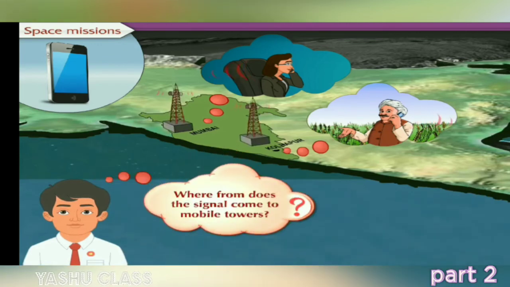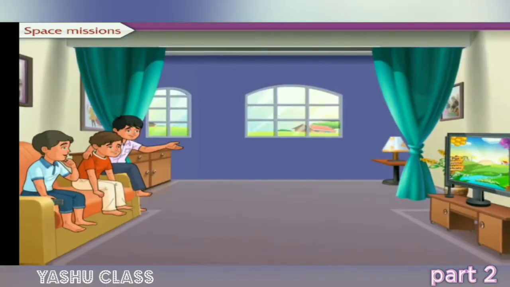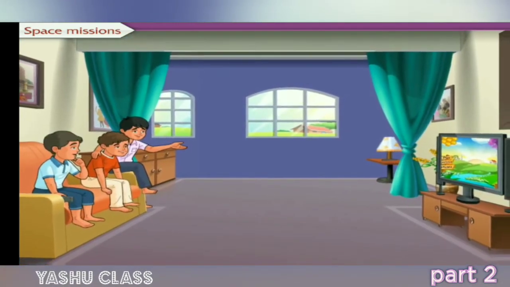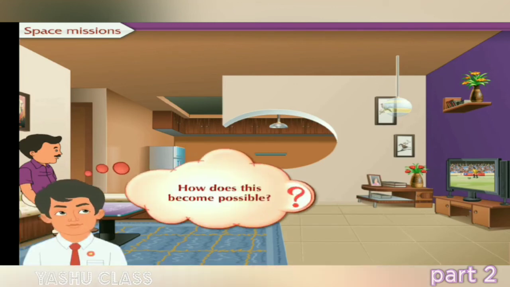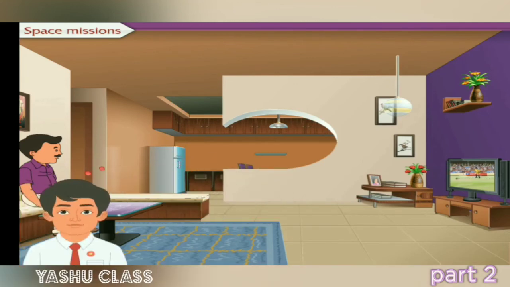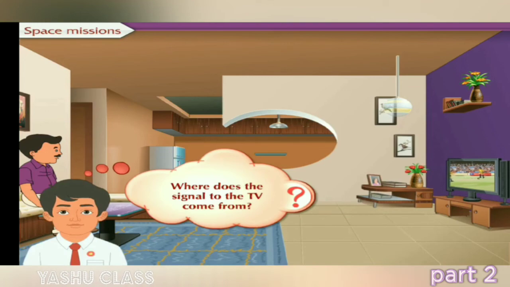Where from does it come to the mobile towers? We all love to watch TV. We are even able to see the live telecast of the matches being played in other countries. How does this become possible? Where does the signal to the TV come from?